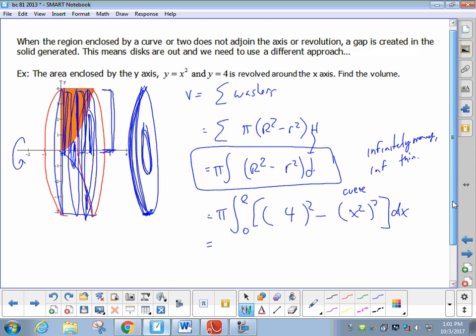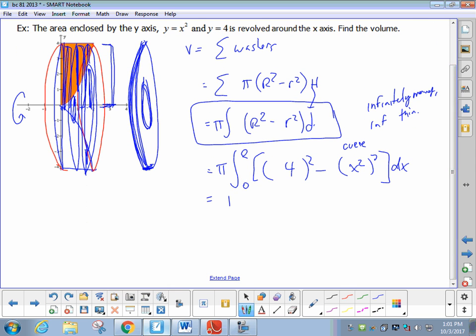Most of the day we'll be doing without a calculator, but today we're going to do this problem without a calculator. What's the antiderivative of 16? 16. What's the antiderivative of x to the 4th? 1/5 x to the 5th. Okay. What is 16 times 2? What is 2 to the 5th?